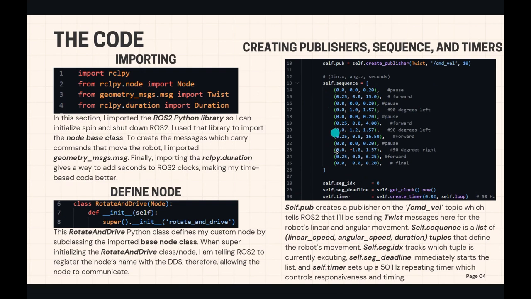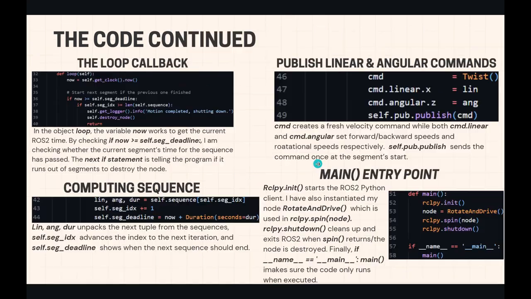And here I created a timer, a 50 hertz repeating timer, which allows for controlling responsiveness of the robot. I did have problems with the robot not responding specifically to this forward command, it would not move until getting to the next command after that, the turn left. So I learned about this.